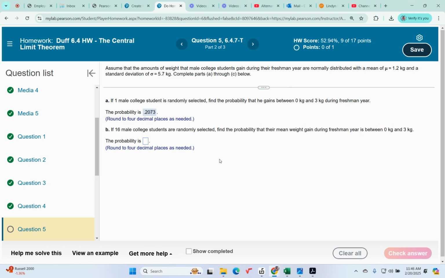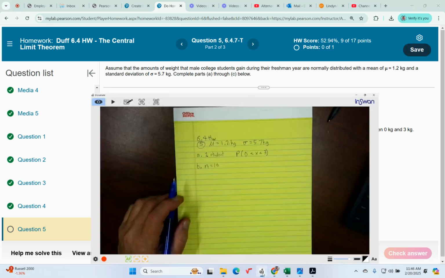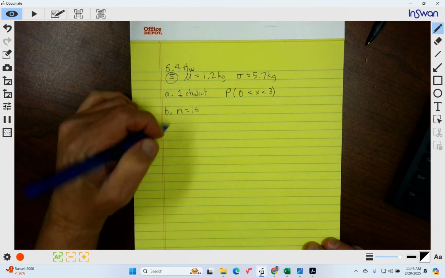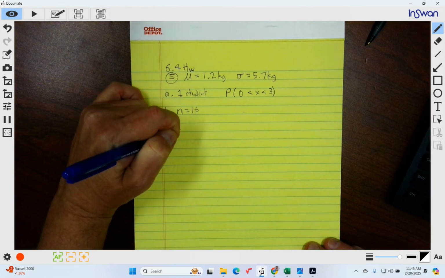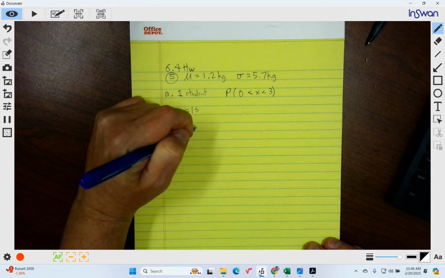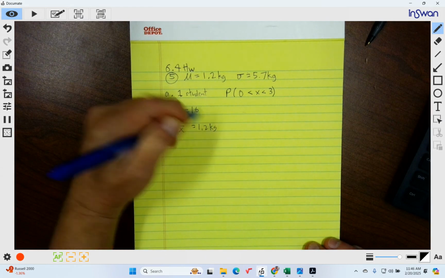So what's the difference between part B and part A? The only thing that's different is the fact that the standard deviation has to be adjusted for the sample size. So it's the same problem, right? The mean of X bar will remain 1.2 kilograms.